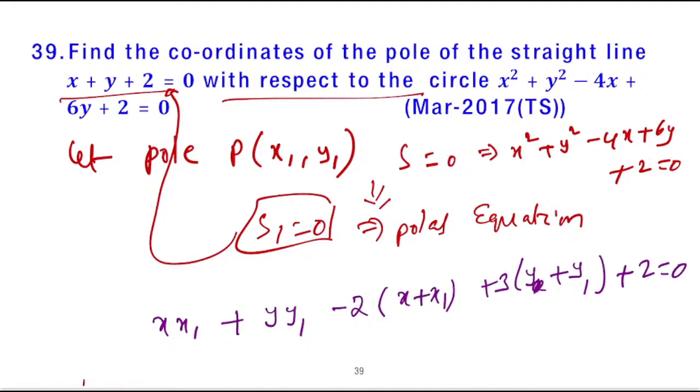So both are looking the same thing, right? Simplify this very carefully. x1 minus 2 into x, y1 plus 3 into y.